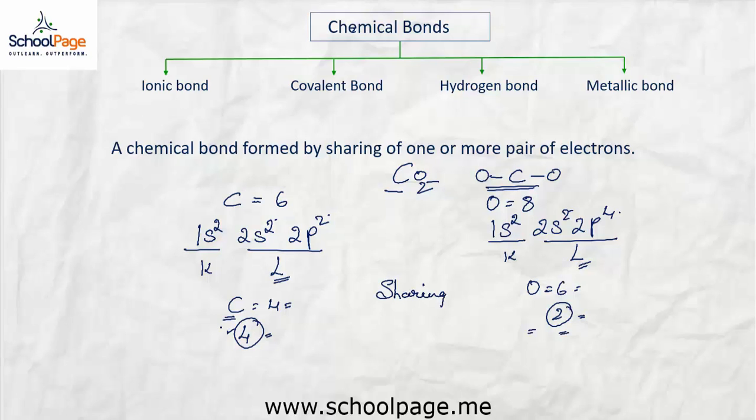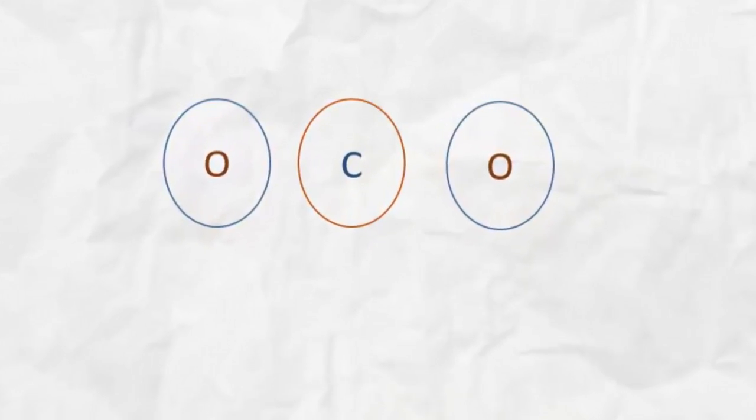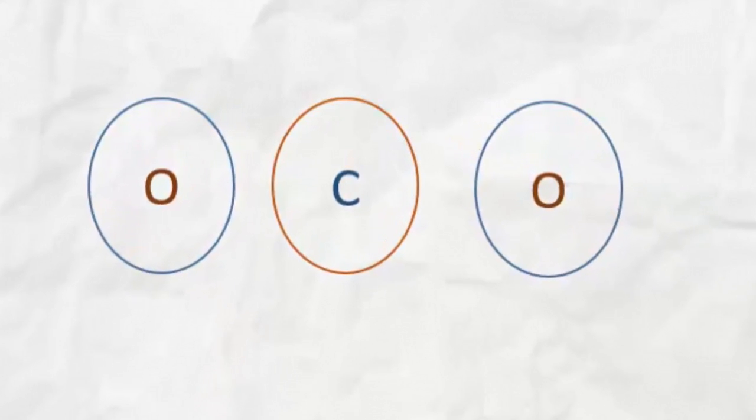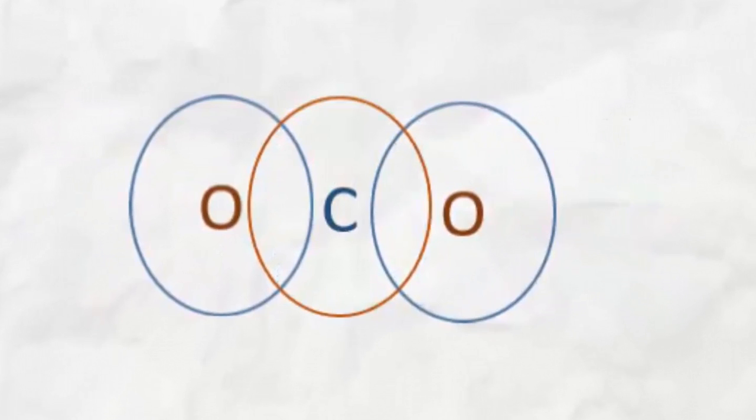Now, let us see how the sharing of electrons occurs between the oxygen and carbon atoms to form one molecule of carbon dioxide. Observe here, there are 3 atoms, 2 oxygen and 1 carbon. So the 2 oxygen atoms bond with carbon by sharing the pair of electrons.